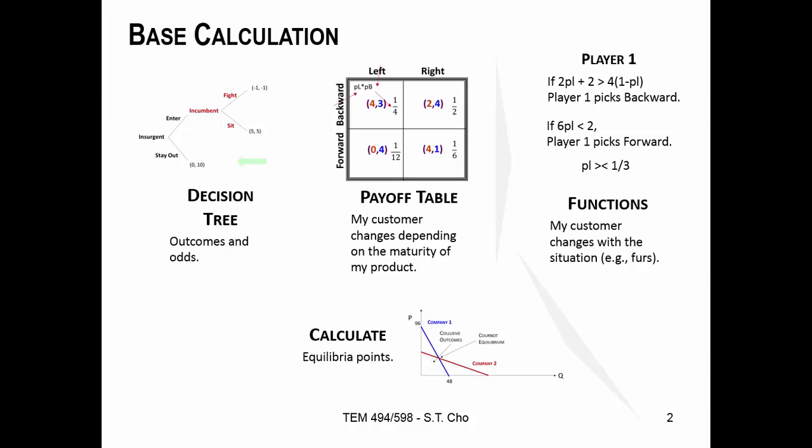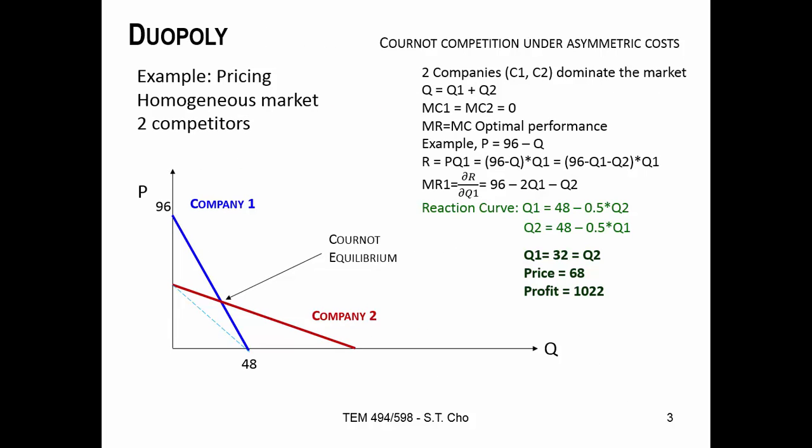Based on that, you can come up with a function or a discrete rule that tells you where you should be operating. Those are your equilibrium points, where your best strategy is. So that's the base process.